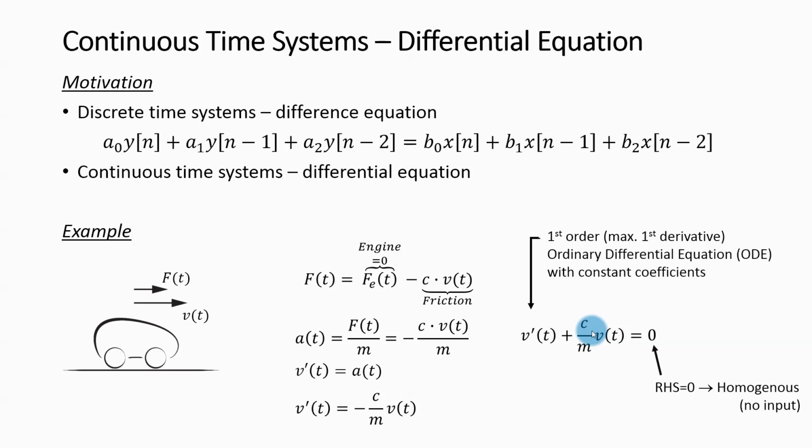When we put the terms with our unknown function and its derivatives to the left-hand side and we are left with 0 on the right-hand side, we say that this equation and this system are homogeneous. Actually, if the car's engine was generating some force, we would not have 0 here, and this force would appear here.